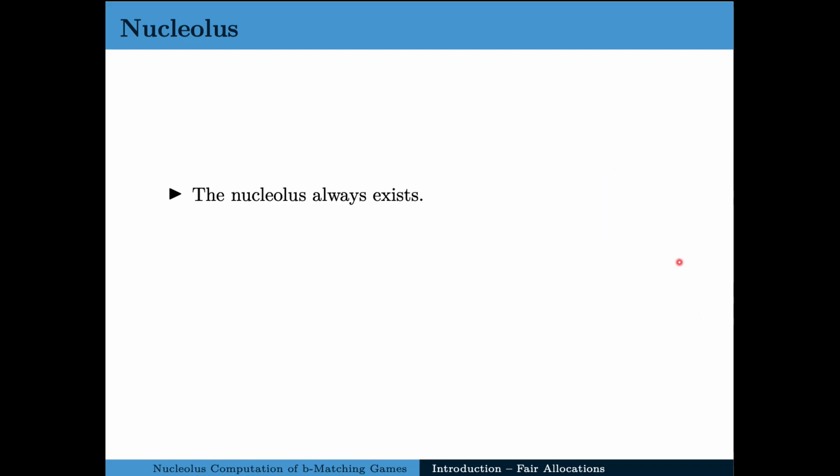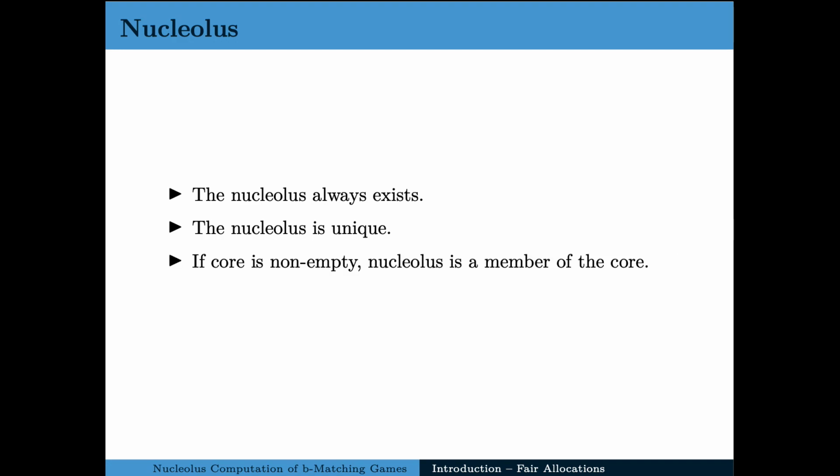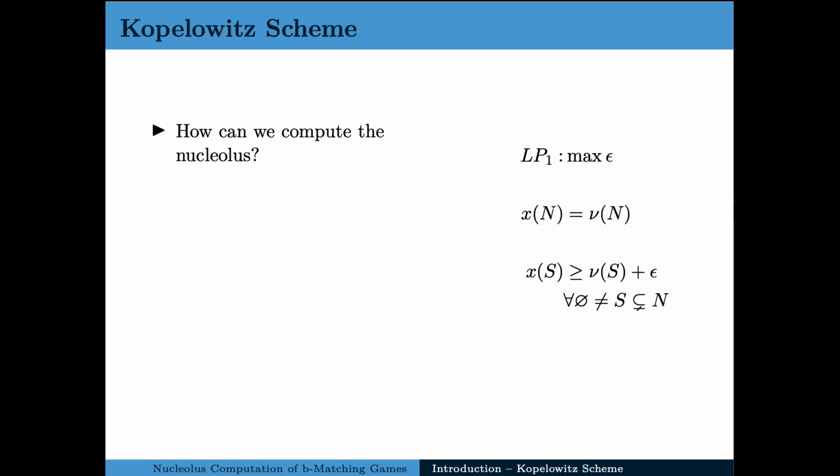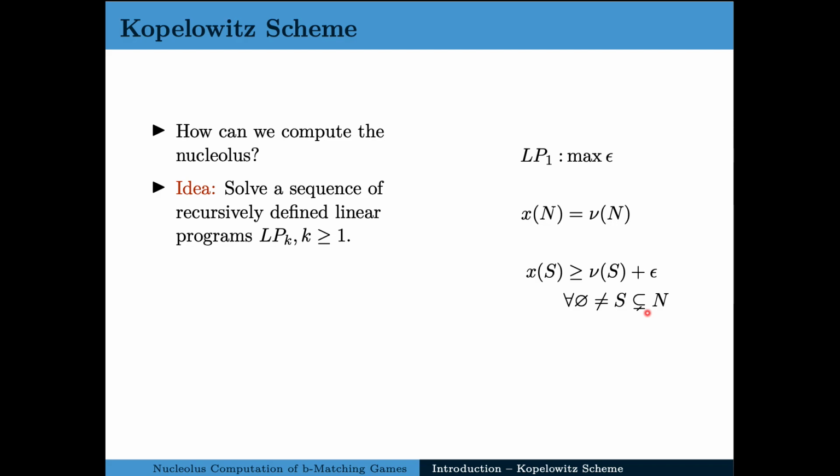So some theoretically relevant facts. The nucleolus always exists, is unique, and when the core is not empty, the nucleolus belongs to the core. So the nucleolus has some very nice theoretical properties, but how can we actually compute this? The idea is to solve a sequence of recursively defined linear programs, and this scheme is known as the Maschler-Peleg-Shapley scheme.